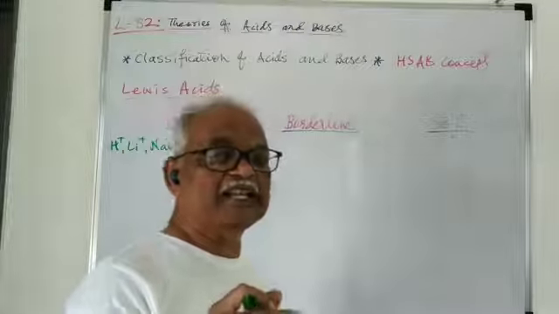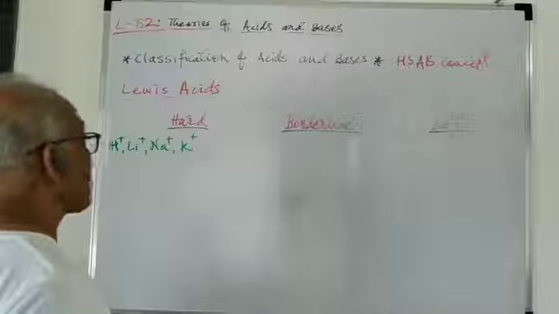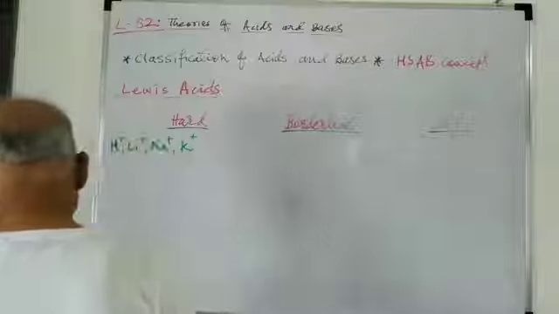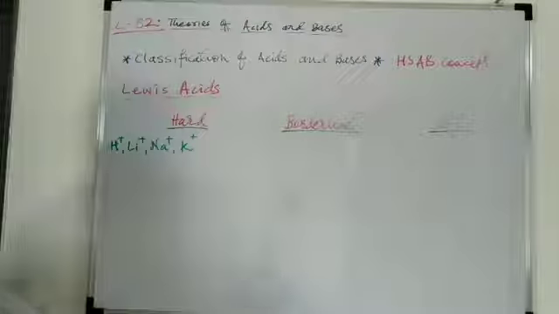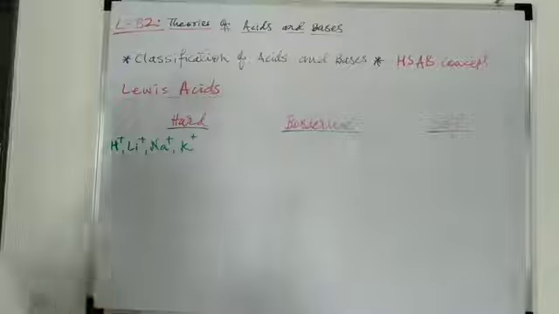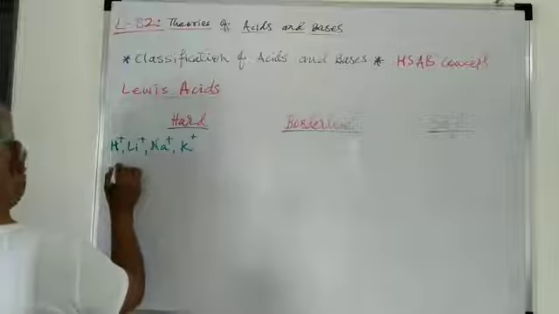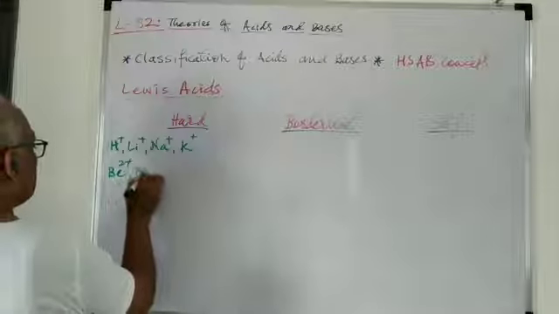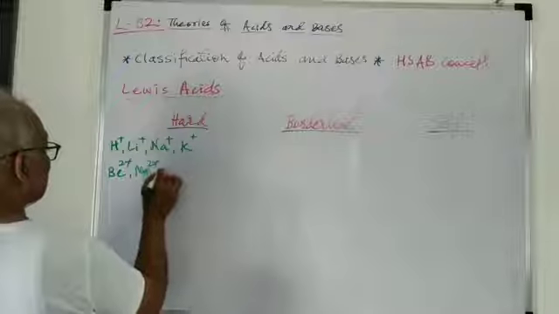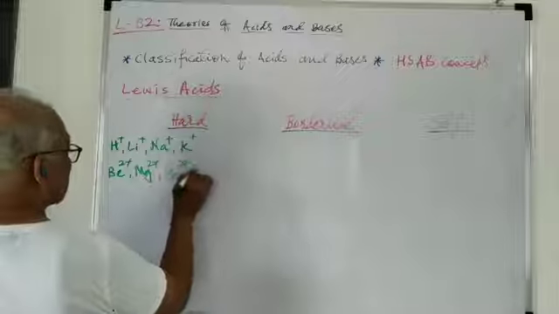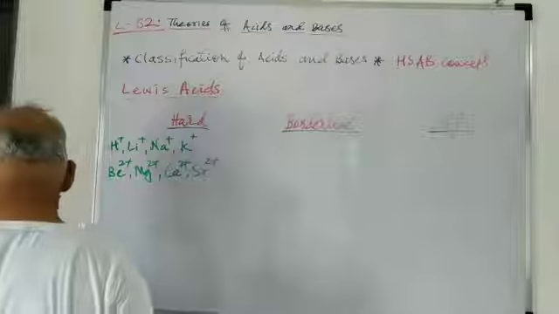Then alkali metals and alkaline earth metals are also of the same category, that is Be 2 plus, Mg 2 plus, Ca 2 plus, Sr 2 plus.